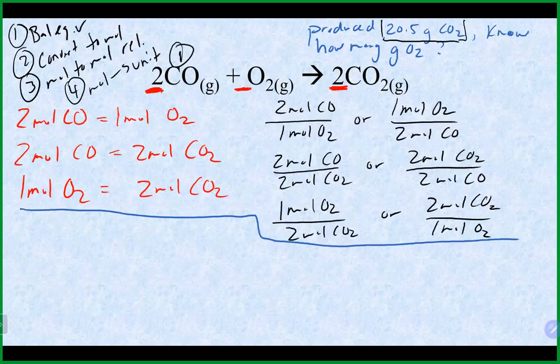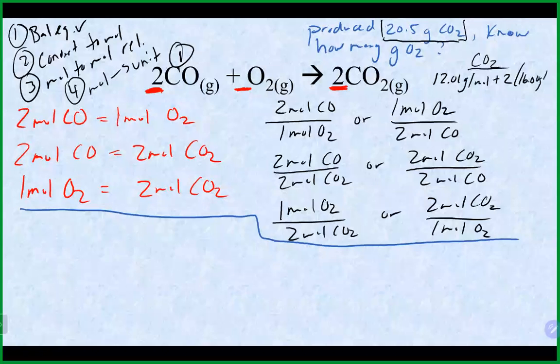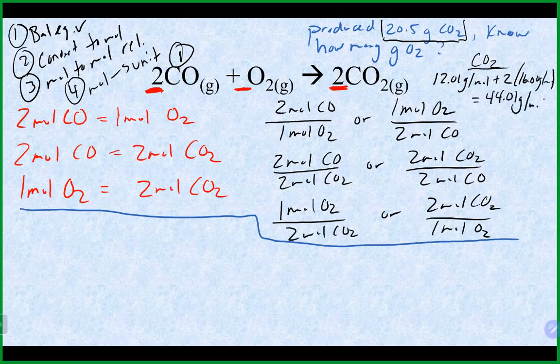Do I need to convert that to moles? I do, because it's in grams, we need moles. That means we need to go to the periodic table and get the molar mass of CO2. The molar mass of CO2 is 12.01 grams per mole for the carbon, plus 2 times 16 for our oxygens, which gives us a molar mass of 44.01 grams per mole.